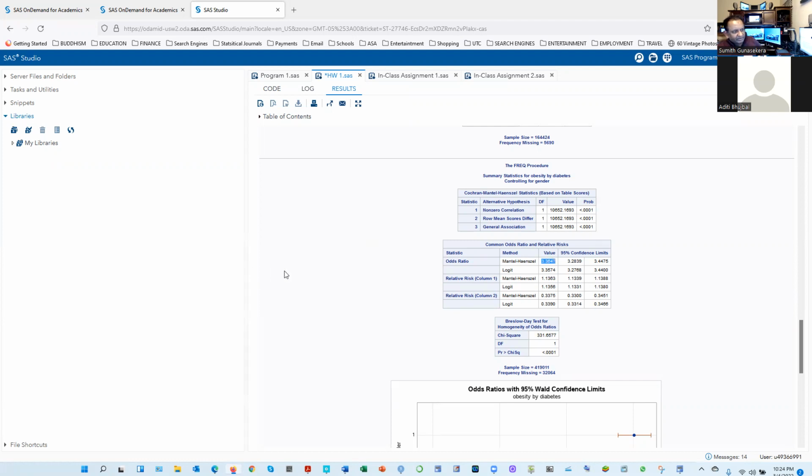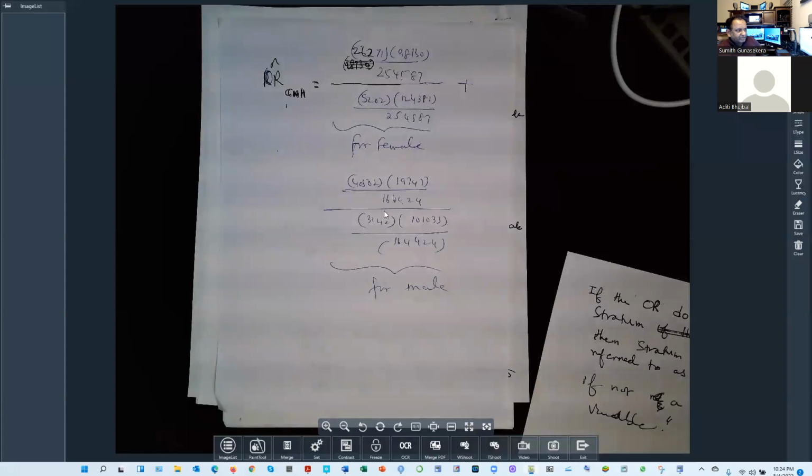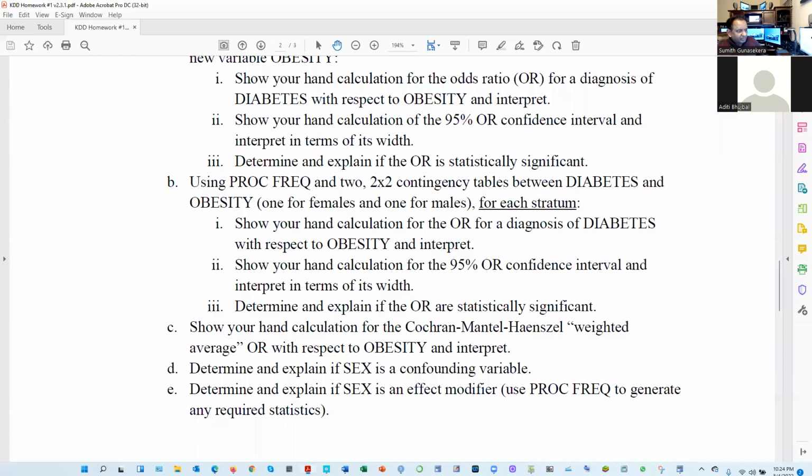Mantel-Haenszel odds ratio for the odds ratio. This one. Odds ratio, that one for that guy. Relative one you saw too. And then later on, what they're gonna ask us to do. See, each range diagram, and then we see the 95% confidence interval, interpret in terms of its width.